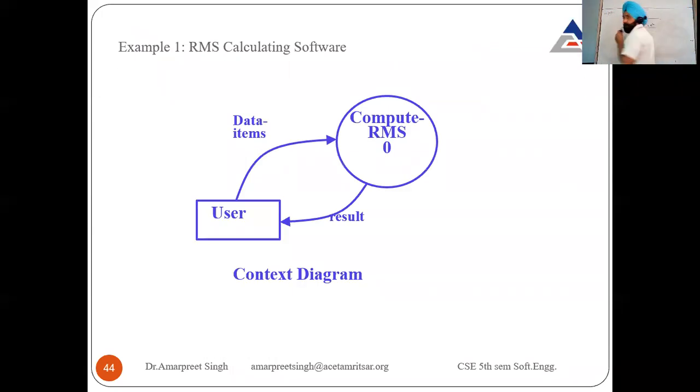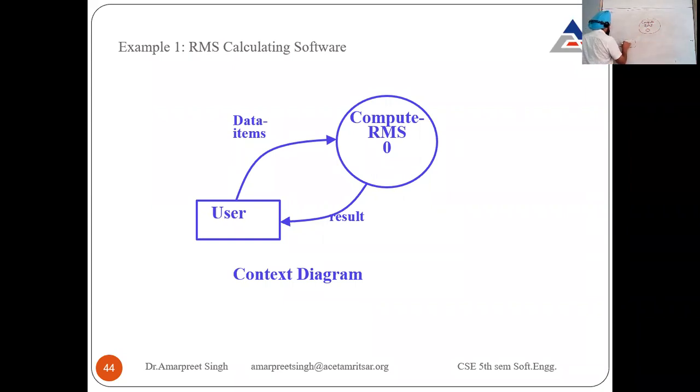So first is level 0 DFD, or the context diagram. Just see, compute root mean square, the main function. This is level 0 DFD, so its numbering is 0.